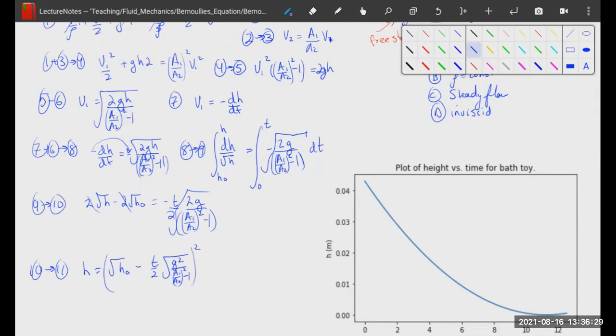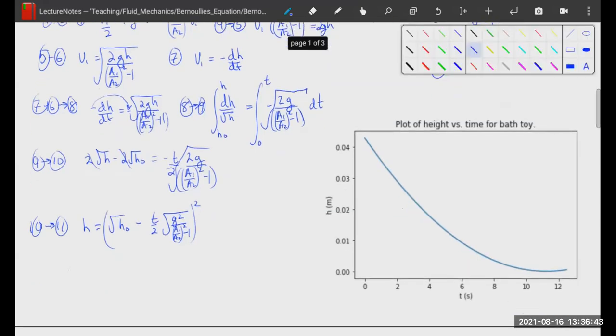And we could have actually solved for t and just solved for when h is equal to 0. That would have also worked. But this is a little bit more entertaining because we can plot h as a function of time. And that's exactly what I did over here on the right-hand side. We start at a height of 43 centimeters, which is the depth of our container.